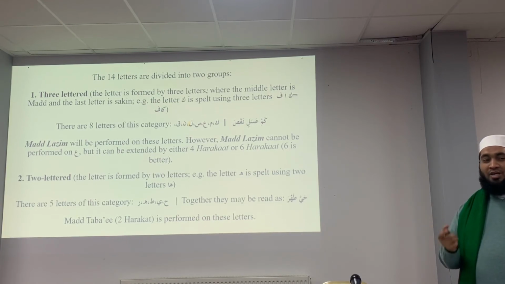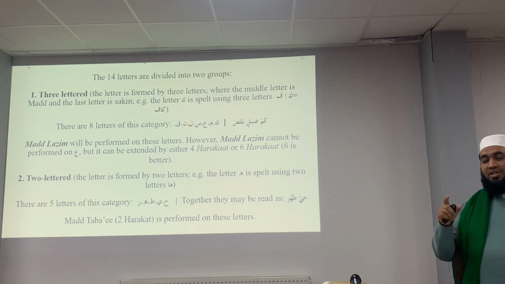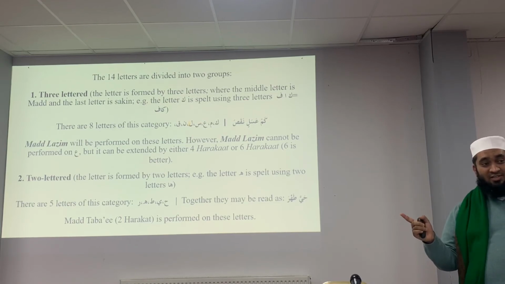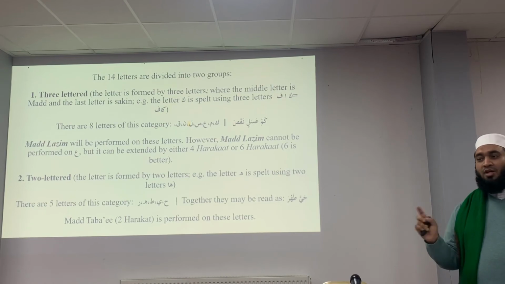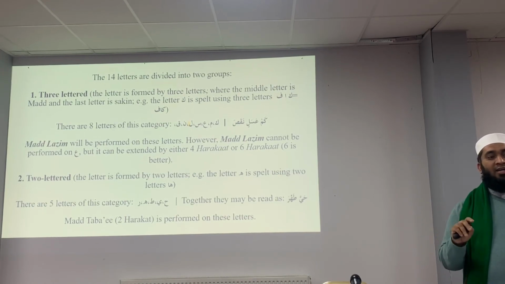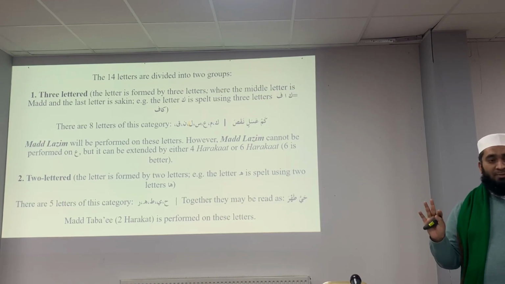Zabor. So is Ya Sakin before Zabor a letter of Mad or not? No. Because when Ya Sakin has a Zer before it, it's a letter of Mad. Ya Sakin with a Zabor before it is not a letter of Mad. This is why Ain is not considered Mudd Lazim.